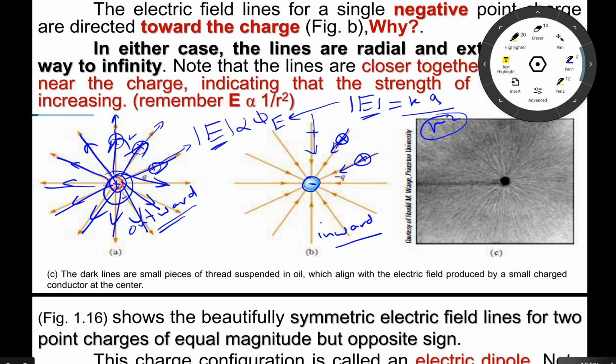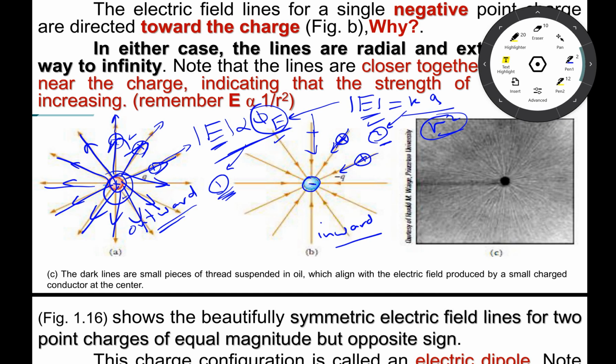From these two relations, relation number one and relation number two, where increasing the distance will decrease the value of the electric field, consequently from relation one we can say that close to the charge the number of field lines is large, but away from the charge the number of field lines is smaller.